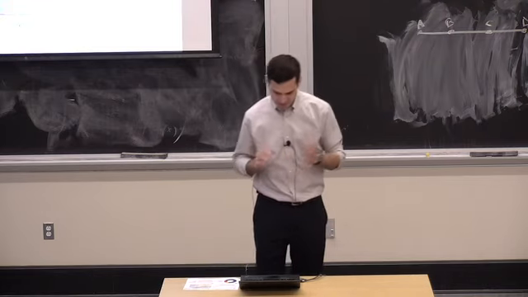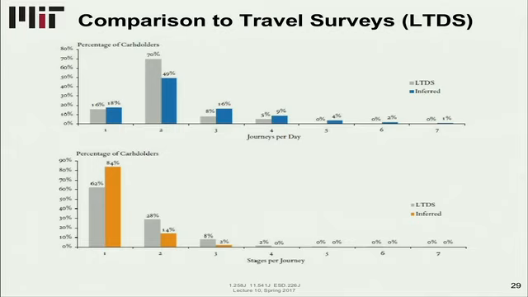Okay, great. The percent of card holders is shown on the second graph, by number of stages per journey, with a similar pattern. Here we have more people inferred with one stage, so no transfer.